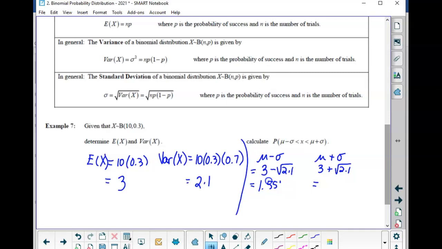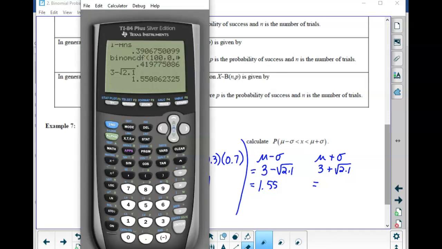If we show this to 3 significant digits, we'll leave it like that. And then 3 plus square root of 2.1. If you have the ability to go back up, you can copy it out. If it will let me go here. Come on. I don't know if that was faster or not, but 4.45.